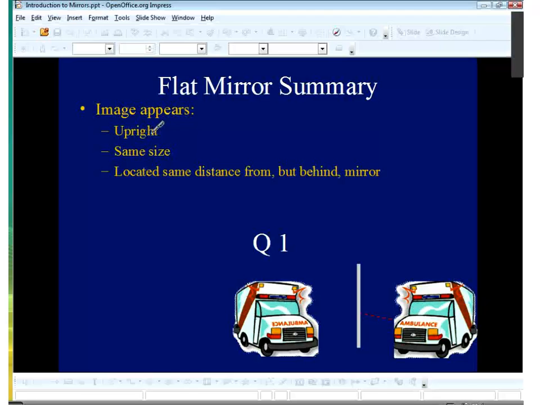Straight, it's not downwards, same size, same distance, but behind, virtual. Virtual, but for real object, it's virtual. Left-right inversion. I hope you understand this point. If you don't understand this point, raise your hand. I will try to explain this.